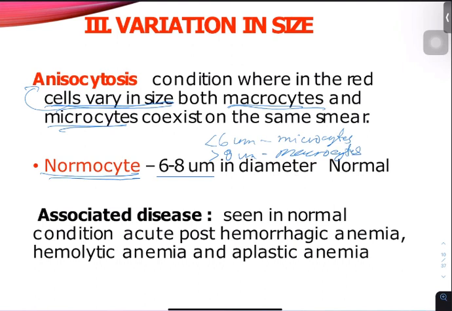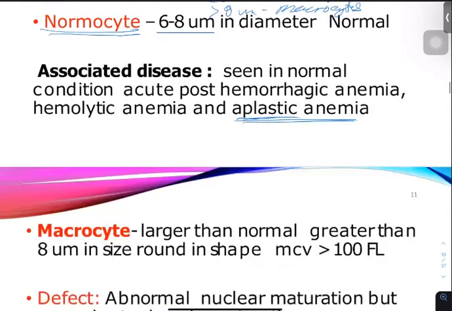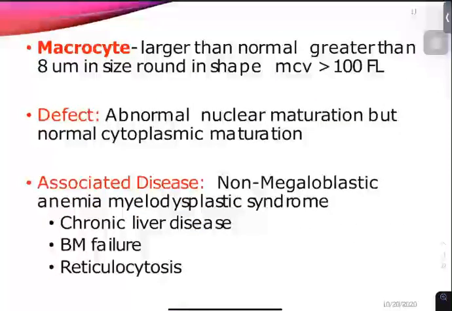Usually these cells are associated with acute post-hemorrhagic anemia, after hemorrhage, or hemolytic anemia, or aplastic anemia, where no cell is being produced. Your macrocytes usually have an MCV greater than 100.